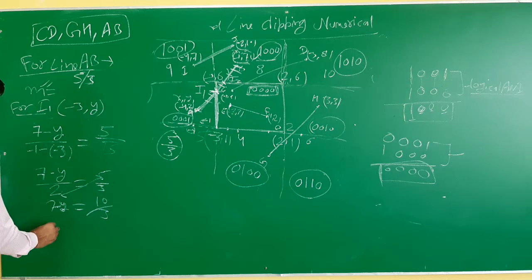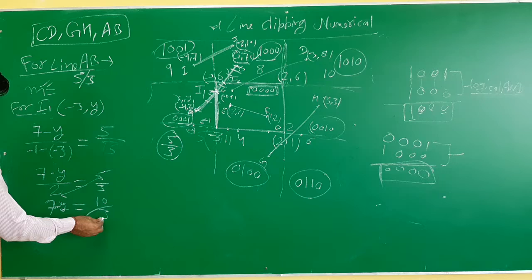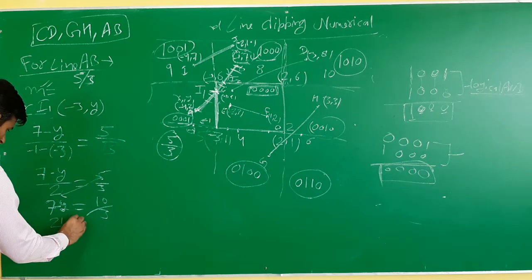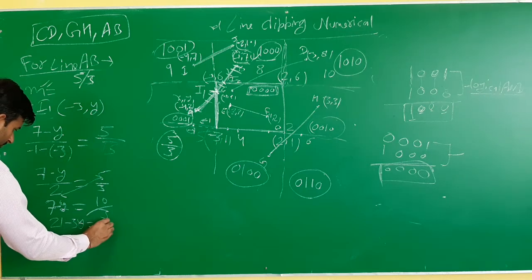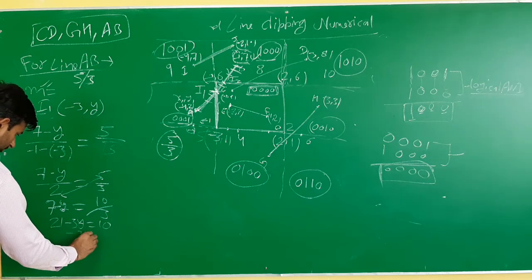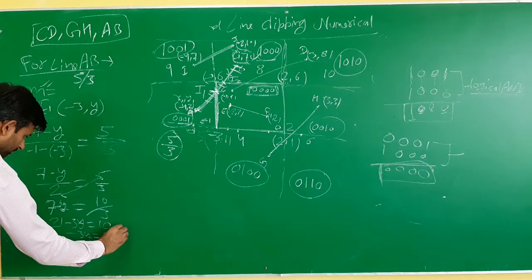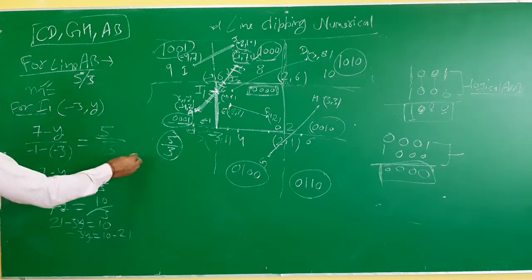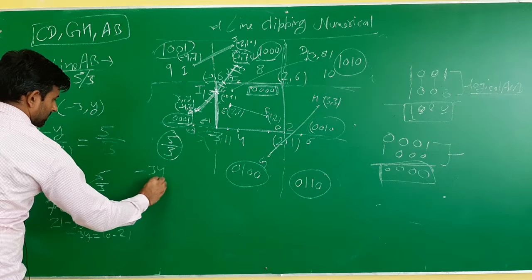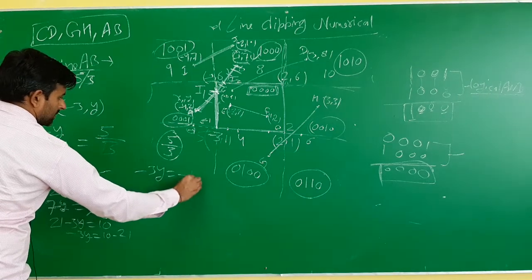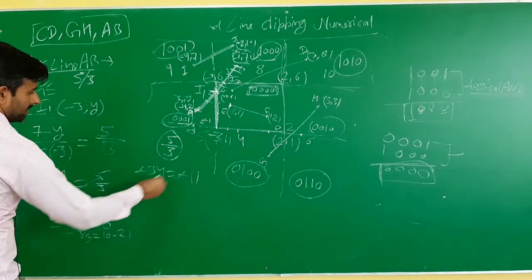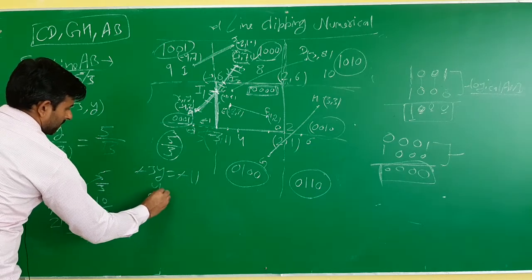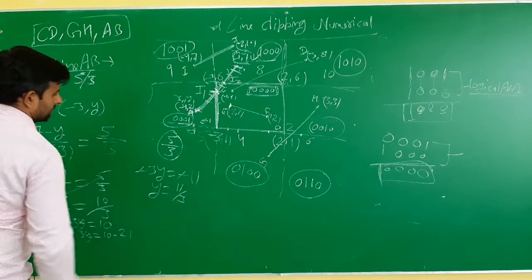Then if we multiply 3 here and after that solve this, I am going to get here minus 3y equal to minus 11, minus cut, y equal to 11 by 3.